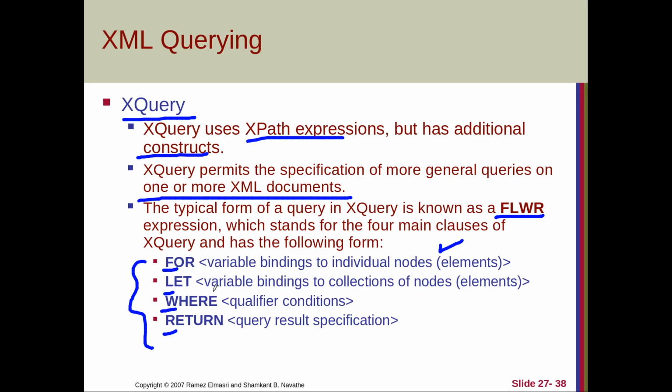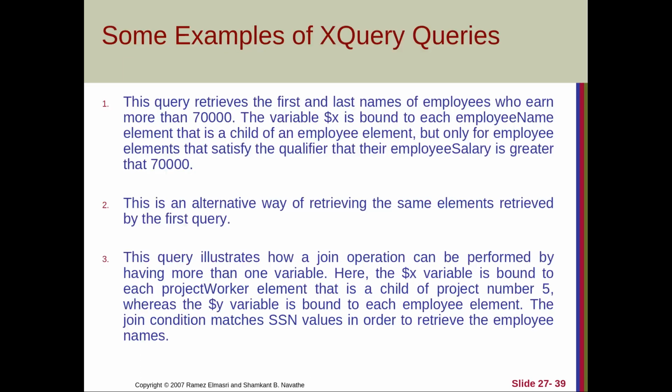Let is used for variable bindings to collections of nodes, that is, binding to a larger number of nodes, collections of elements. Where is used for the qualifier condition, and return is used for the query result, what is to be returned as the result. So for, let, where, return is the general format of writing an XQuery statement.